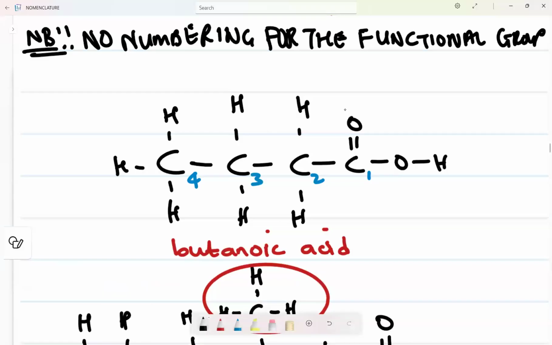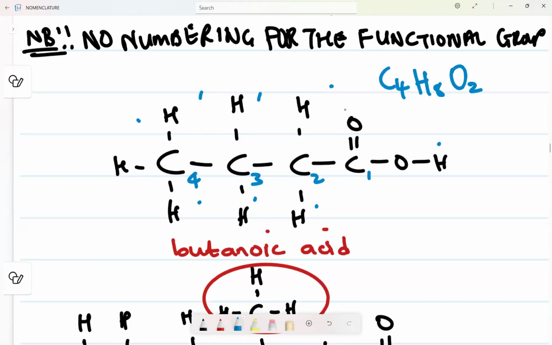The number of carbons I have here, it is 1, 2, 3, 4. So it is C4. According to the formula, it is C4H2nO2, meaning I'm expecting hydrogens. Let's see. 1, 2, 3, 4, 5, 6, 7, 8. H8. Then I'm expecting O2. Oxygens 1, 2, indeed. So it means now it is correct.